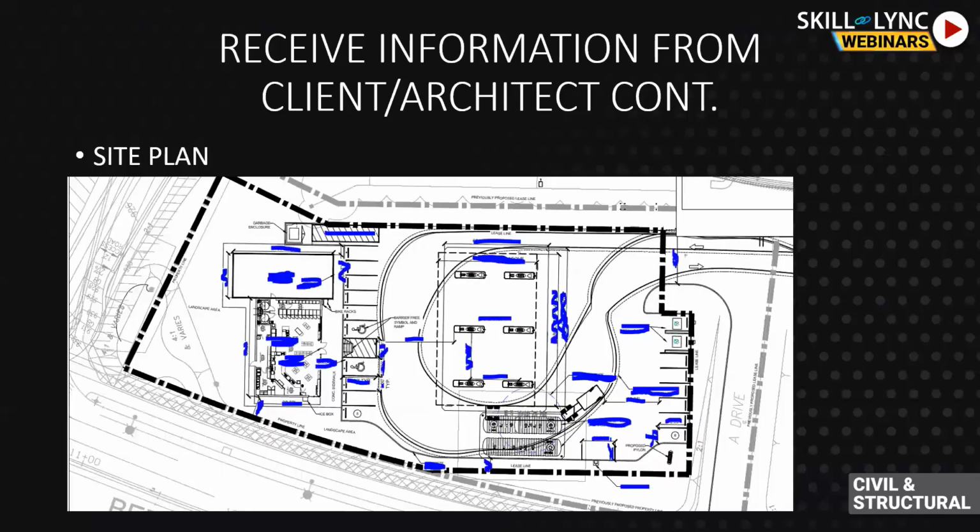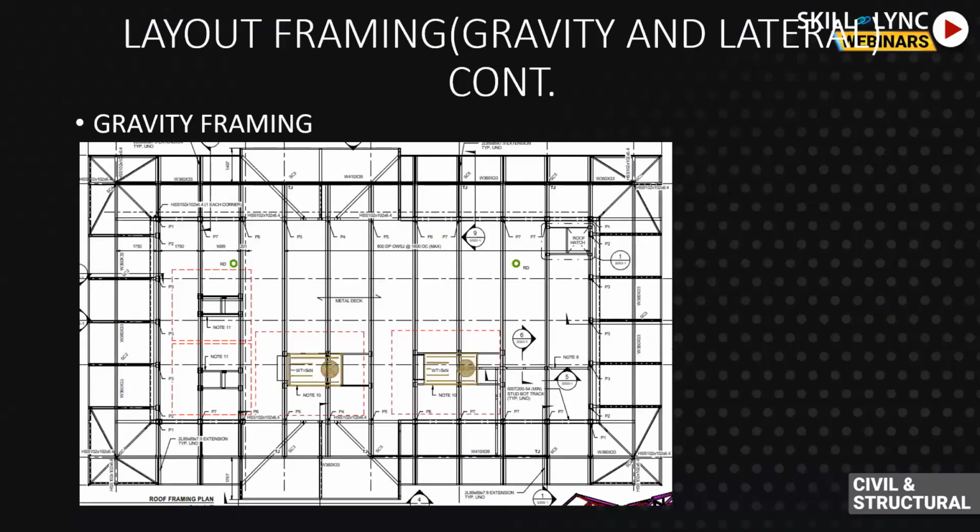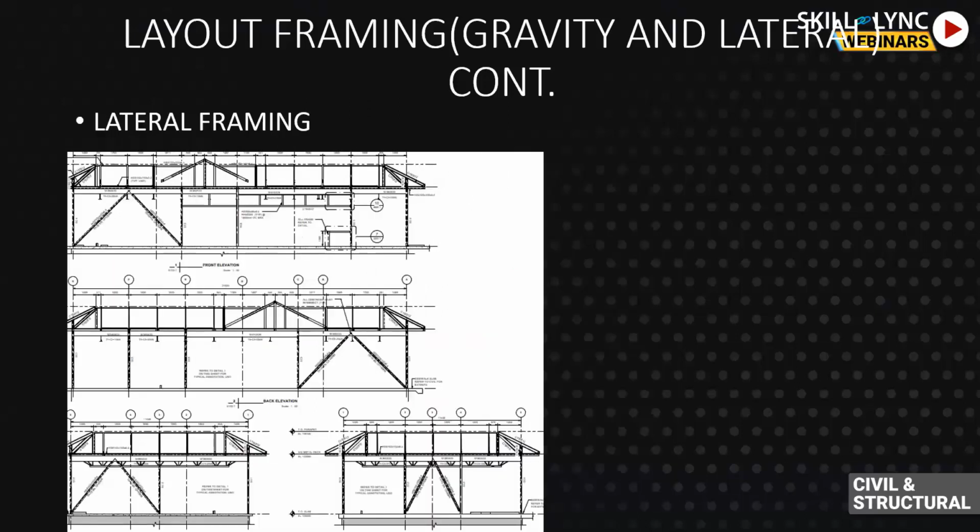Based on that, you have to work out your gravity framing and your lateral framing, how it is going to look, which one would be cheaper, what option would serve my purpose, what would be labor intensive or not, material intensive or not, and there are a lot of other things to juggle with.